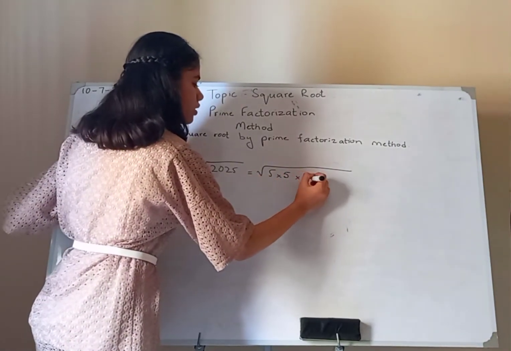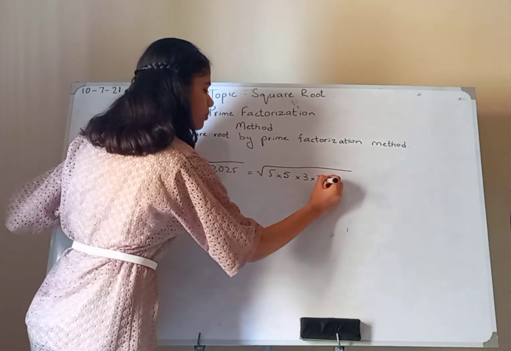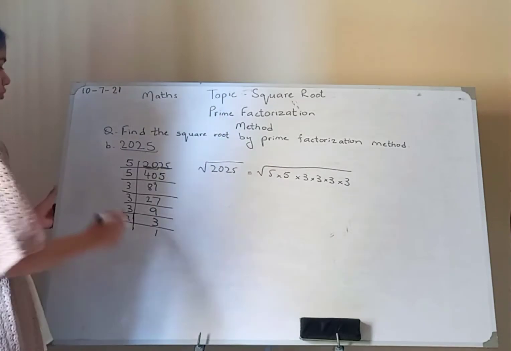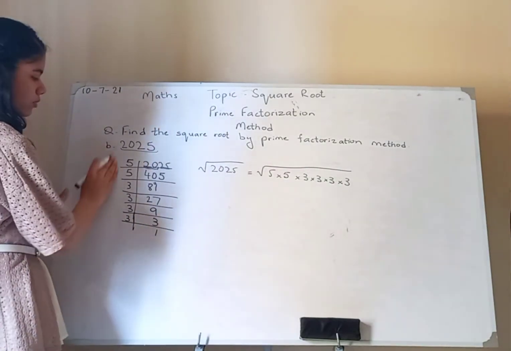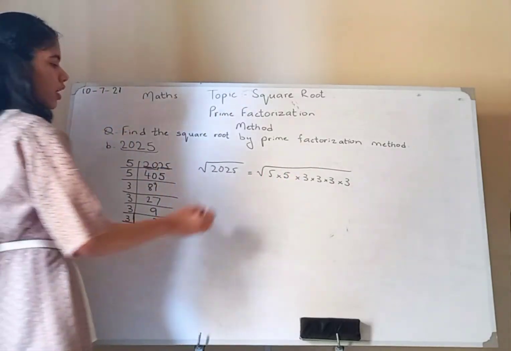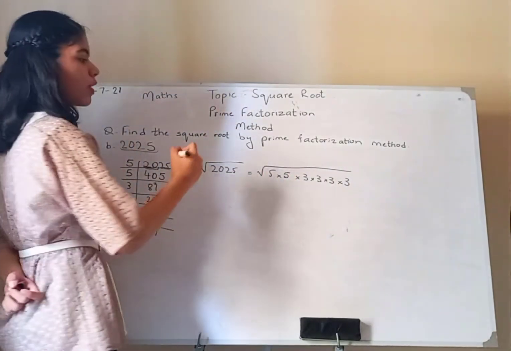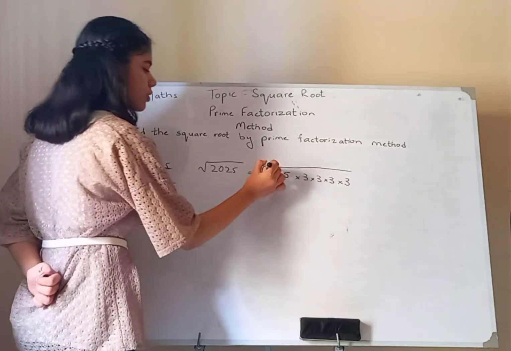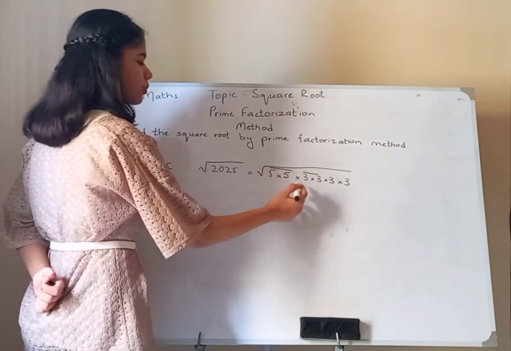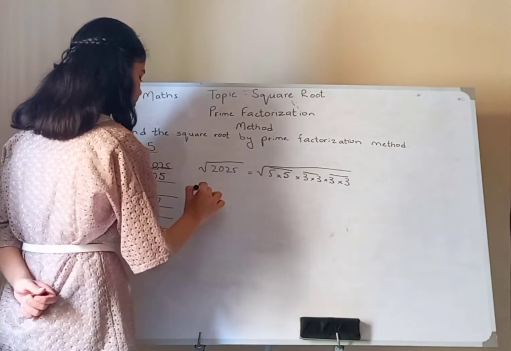So 3 multiplied by 3 multiplied by 3 multiplied by 3. I have written all the prime factors from here in this square root. Now again, following the same step, pairings. We have the same numbers: one pair, another pair, and another pair.